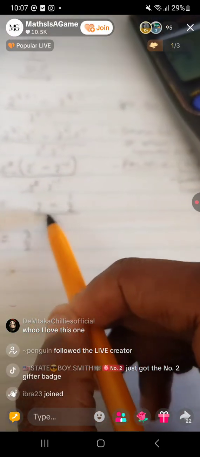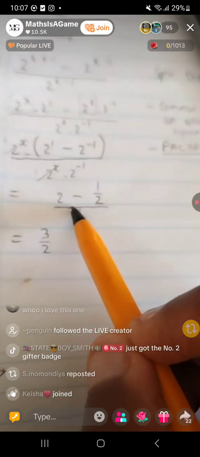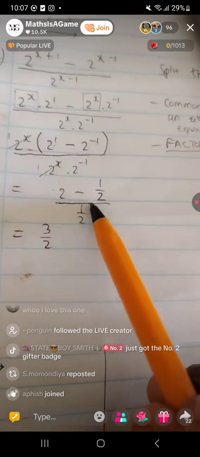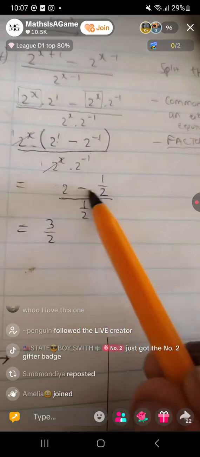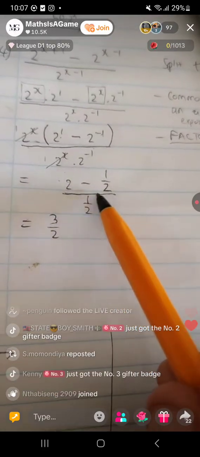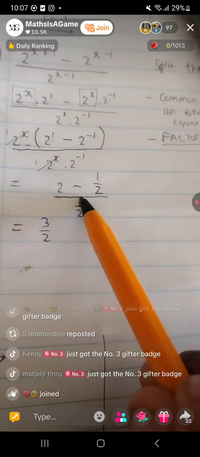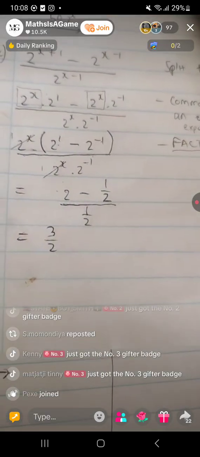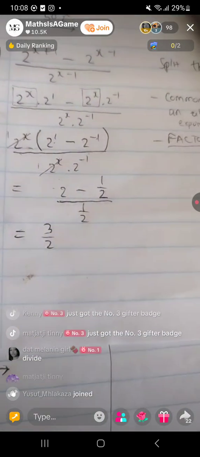That 3 over 2, remember, what does this line mean, guys? I just want to shortcut this process. What does the line mean as far as our operations are concerned?